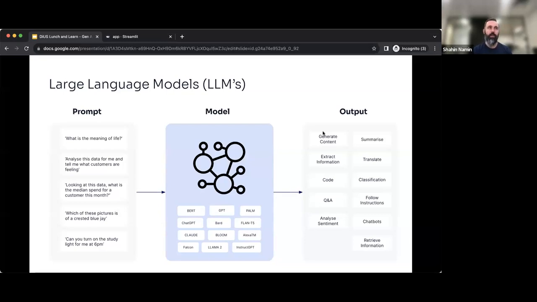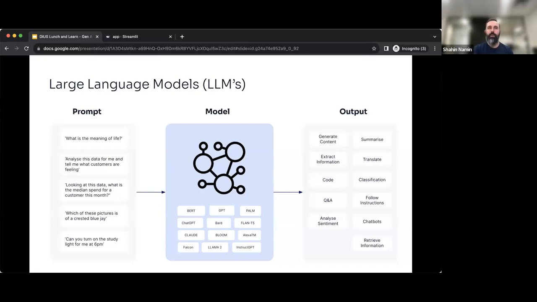The input of these models are called prompts, which are basically a set of text that you pass to these models, and you usually give them some instruction. You say, this is the specific task I want you to do, or this is the question I have. I want the answer for that question. The output of these models is always text, but it can be applied to many different problems, such as generating new content, summarizing the text you have, translating, coming up with some code, question answering, and so on and so forth.